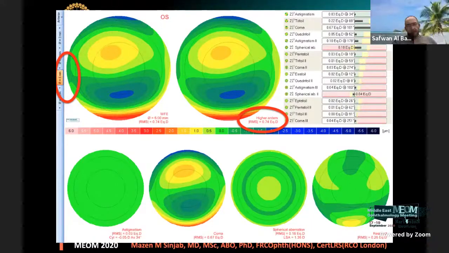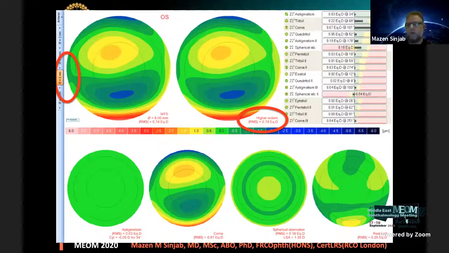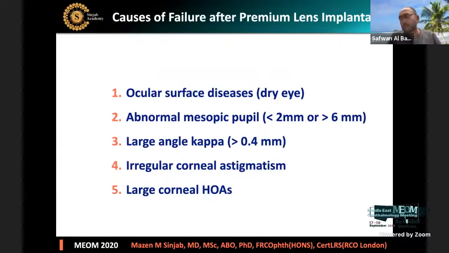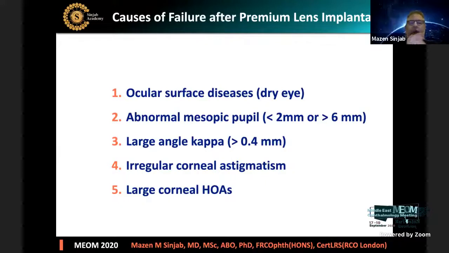Yeah, but regardless, whether it is induced by the spherical aberration or by the coma, what's the maximum coma that you accept? I don't study the coma individually. I study the 5 together. If the high order aberrations of these 5 is more than 0.5 diopters, or more than 0.35 microns, then I don't implant premium IOL. Okay.